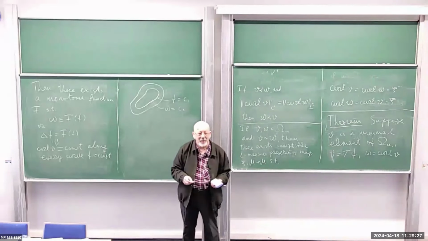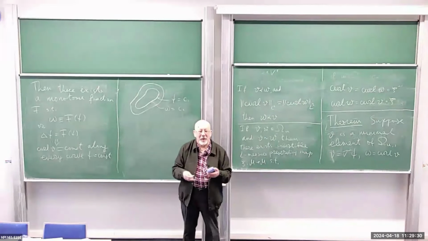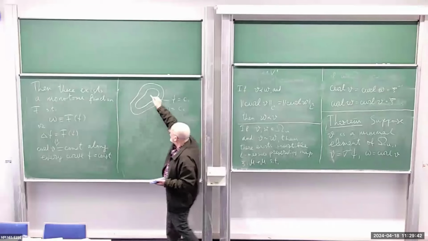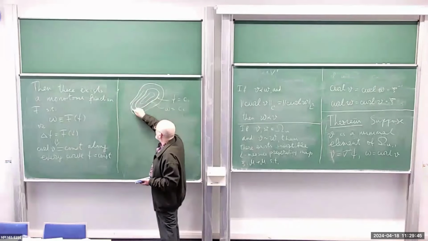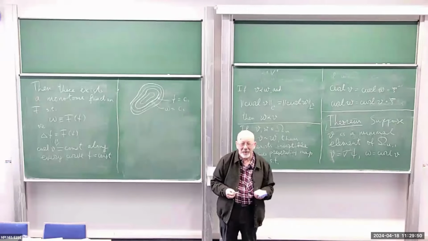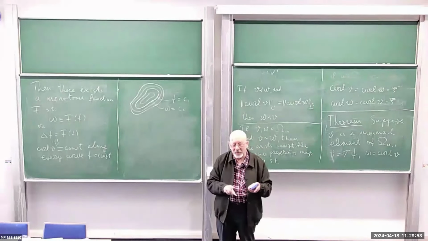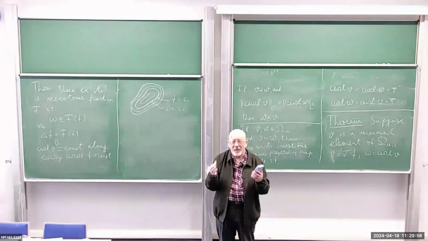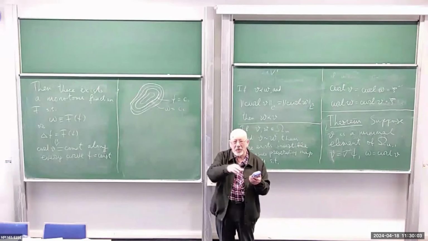But vorticity by the basic transport theory is transported by the flow itself. So the vorticity is transported along this line. But all the domain is divided into such streamlines. And this means that vorticity is moving along the instantaneous flow lines.